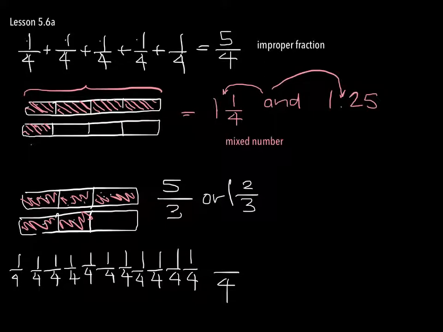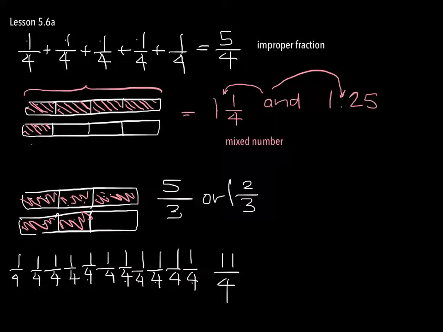So we've got 4, 4, 4, 4, and so on. What is the top number going to be? Well, let's just add them up. 1, 2, 3, 4, 5, 6, 7, 8, 9, 10, 11. So 11/4.